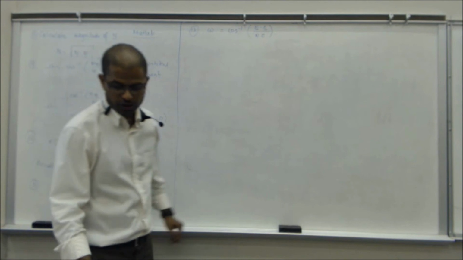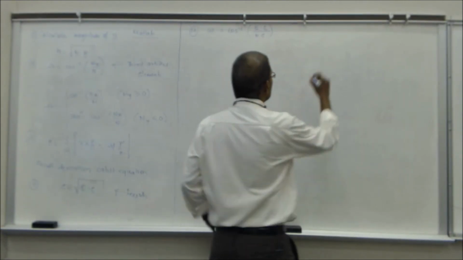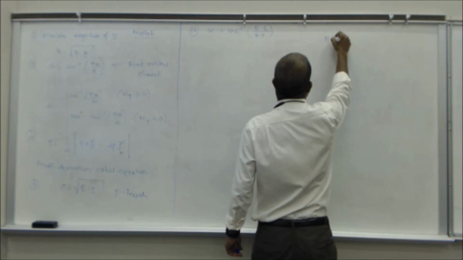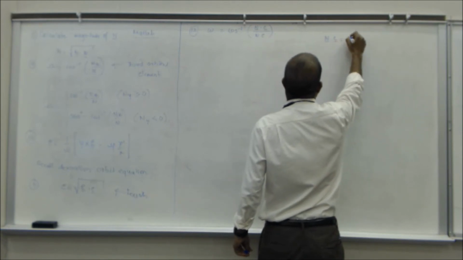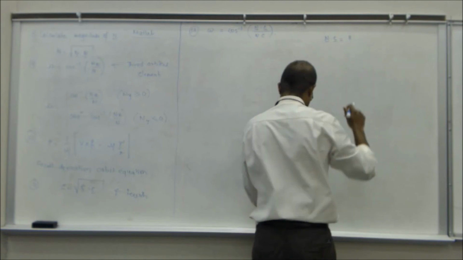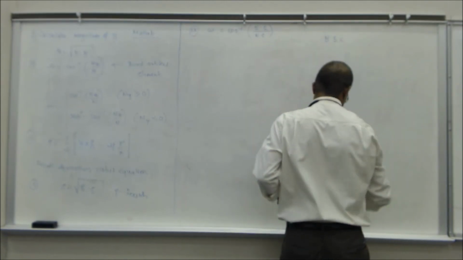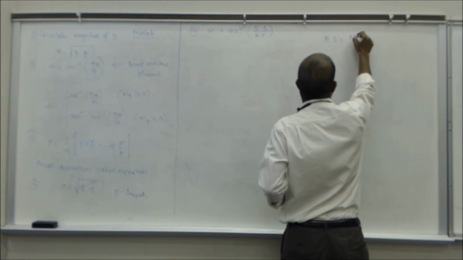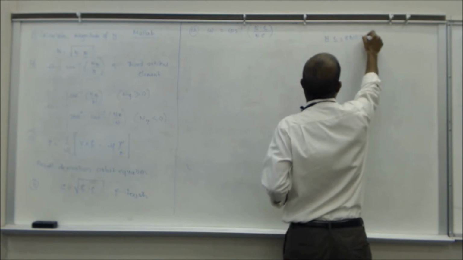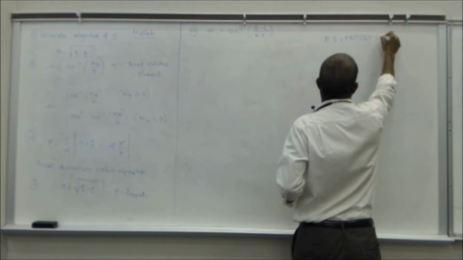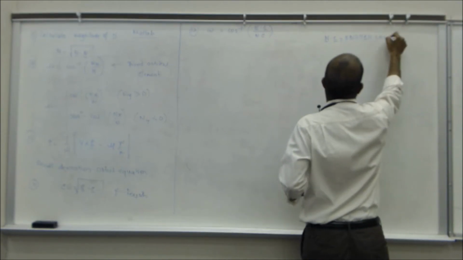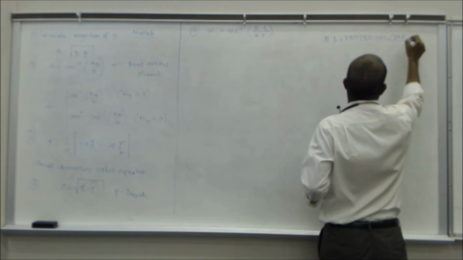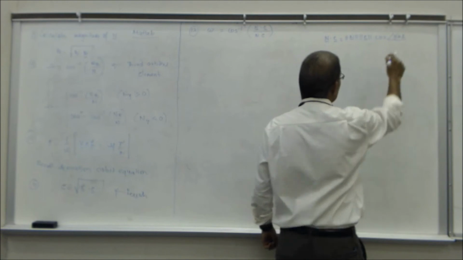So what is N dotted with E? What is the dot product formula? N dotted with E is equal to what? Magnitude of N times magnitude of E times cosine of the angle between vector N and vector E, right? And this angle is what?